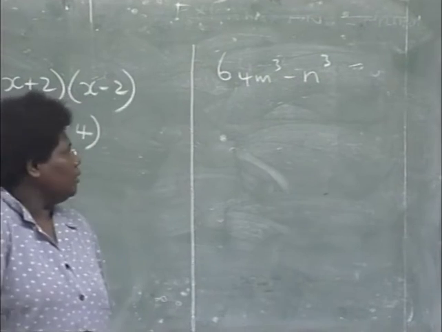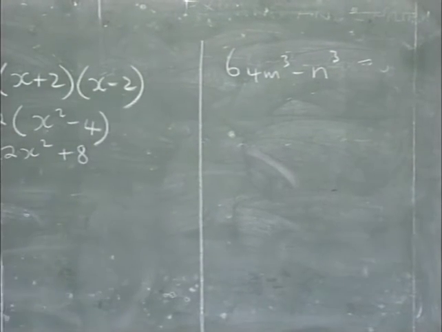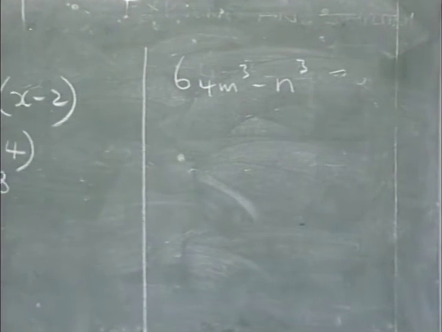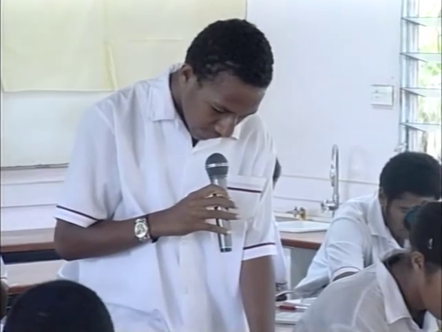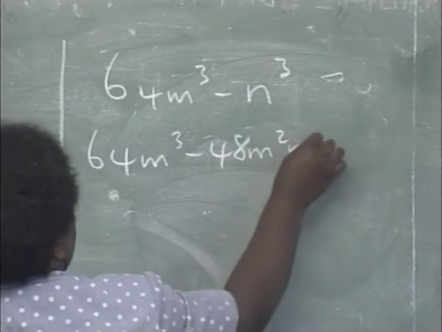Okay, he's got 64m cubed minus n cubed. Any others? Pondrele. 64m cubed minus 48m squared n plus 12mn squared minus n cubed.